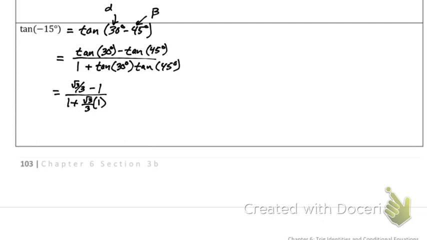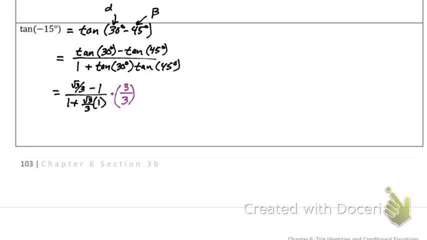Now, the easiest way to simplify this is to first get rid of the fractions. This is good here, and it's also good when we prove identities: getting rid of fractions in the numerator and the denominator. Note, this top fraction has a denominator of 3, and this bottom fraction has a denominator of 3. So the easy way to clear out these fractions is just multiply by 3 over 3, because that's just multiplying by 1.